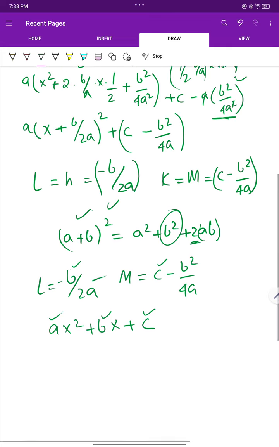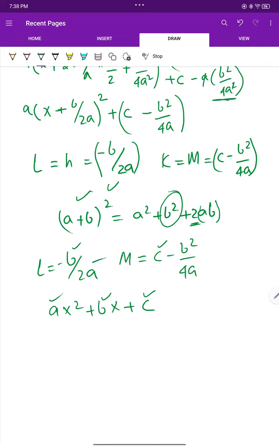So now we're going to do an example on this. Here is an example of a quadratic function.